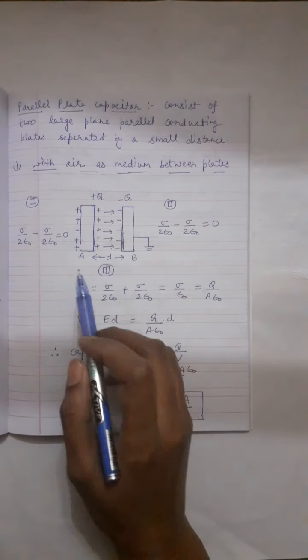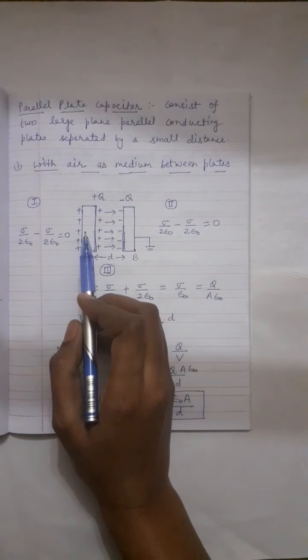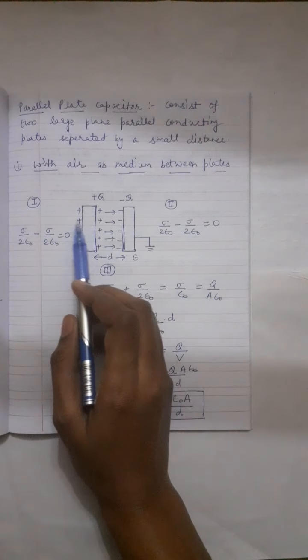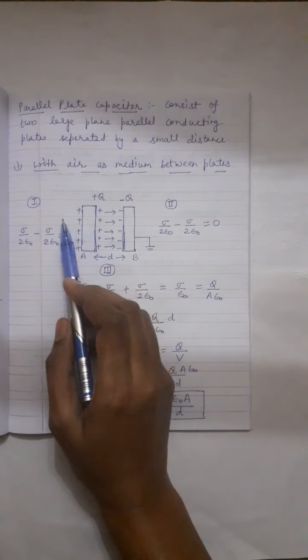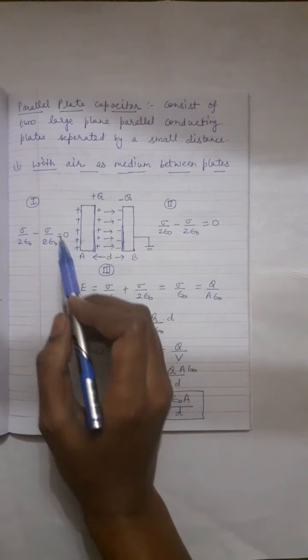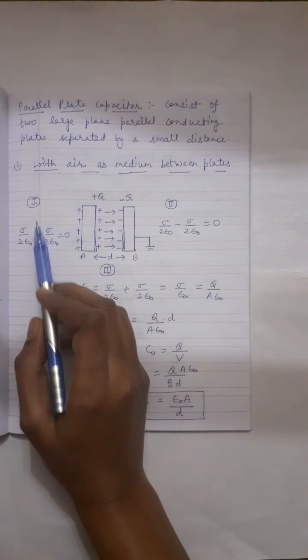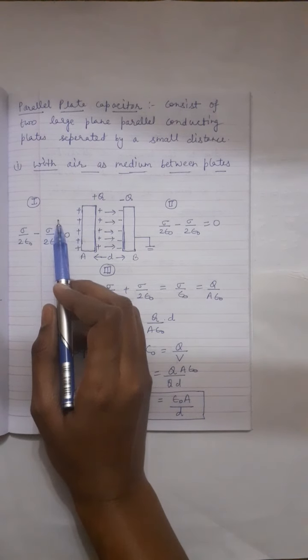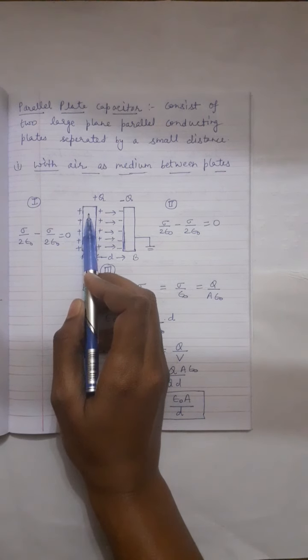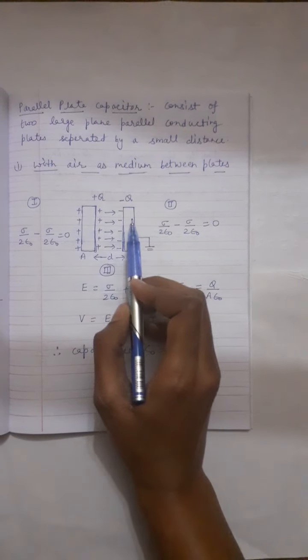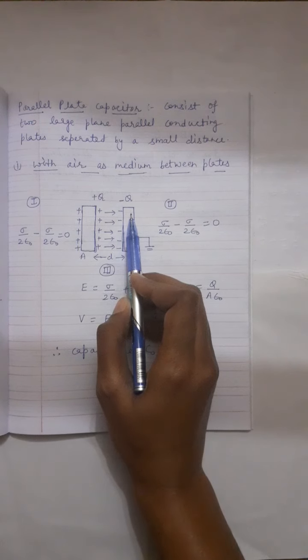We know that the direction of the electric field for a positive charge is always outwards. So if we want to calculate the electric field in region 1, we will add the electric field due to this positive charge plate and due to this negative charge plate.